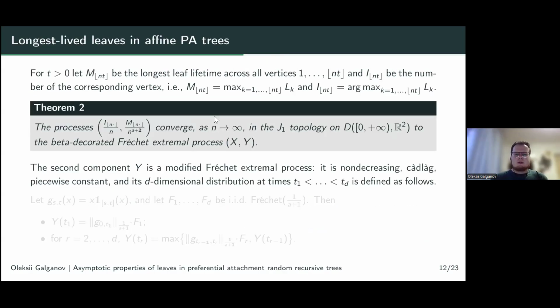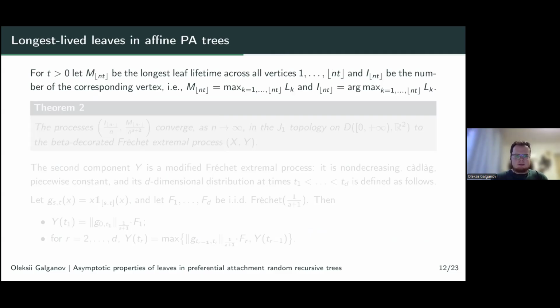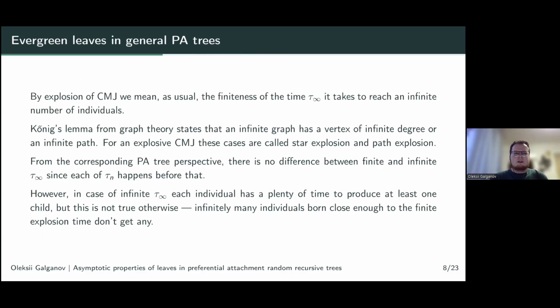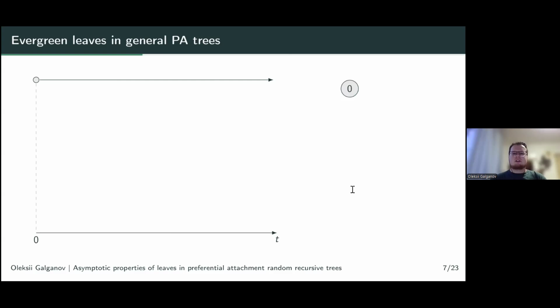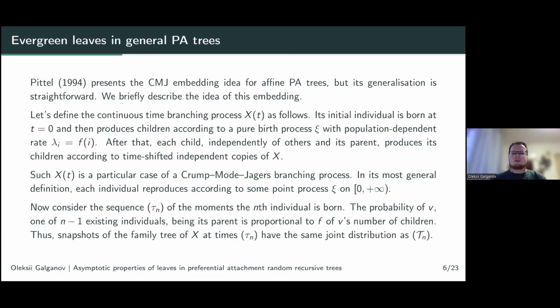So if we look at the definition of the CMJ process, we start with the root vertex, which gives birth according to some, let's say in the general case, point process. In the case when all individuals give birth according to independent copies of the same process, then each of the subtrees would have the same distribution.